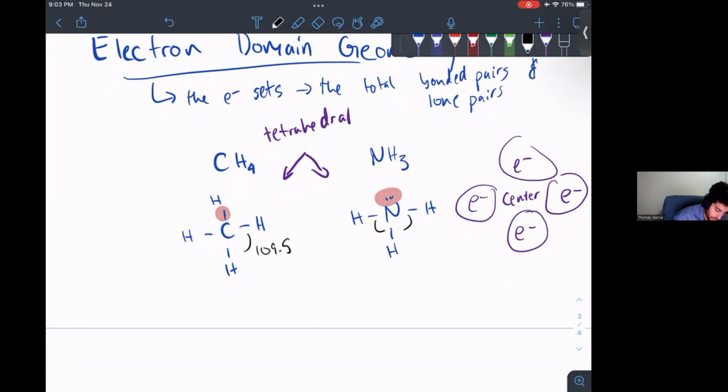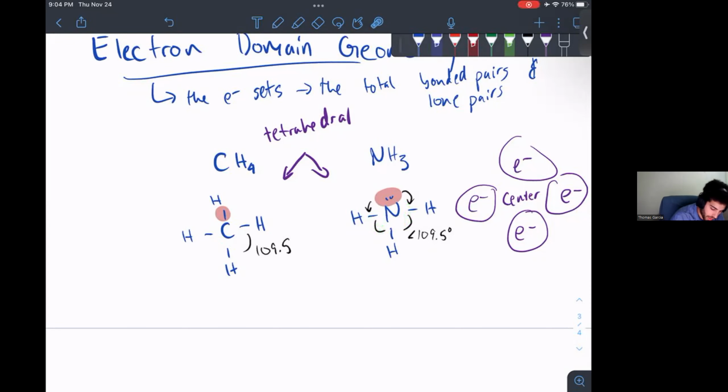However, in ammonia, this is actually going to be a little less than 109.5 degrees. That's because these electrons exhibit a repulsive force, hence in VSEPR, valence shell electron pair repulsion. These lone pairs of electrons are going to repel and push these bonds a little closer together.